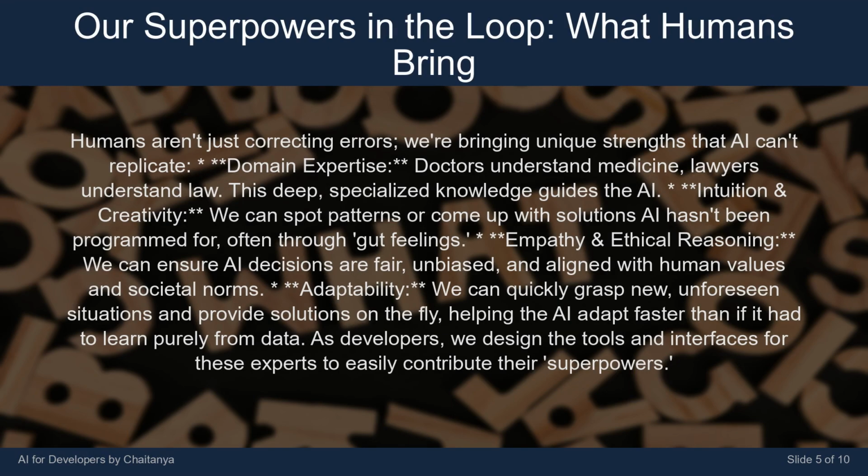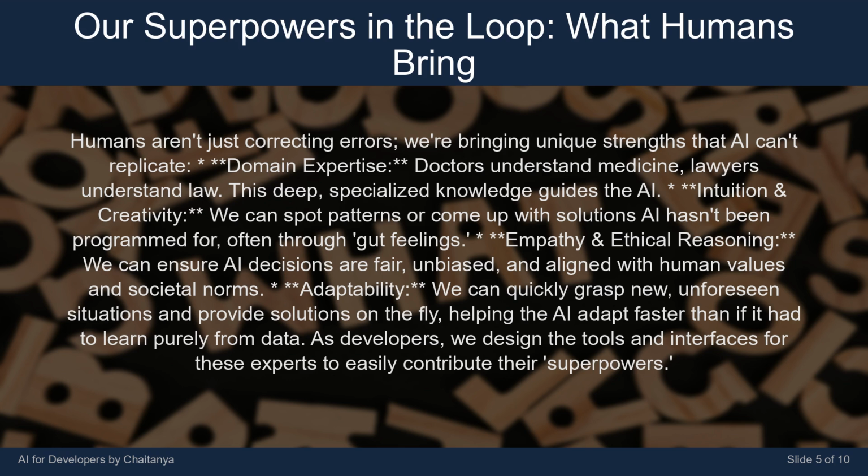Humans aren't just correcting errors. We're bringing unique strengths that AI can't replicate. Domain expertise. Doctors understand medicine. Lawyers understand law. This deep, specialized knowledge guides the AI. Intuition and creativity. We can spot patterns or come up with solutions AI hasn't been programmed for, often through gut feelings. Empathy and ethical reasoning.